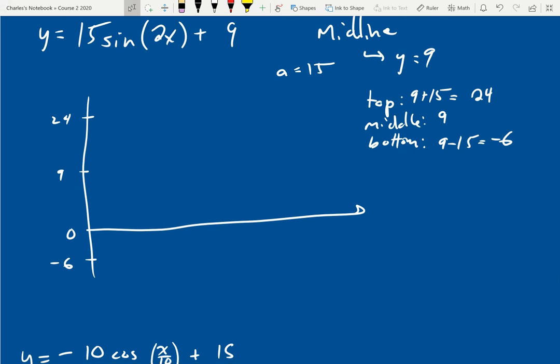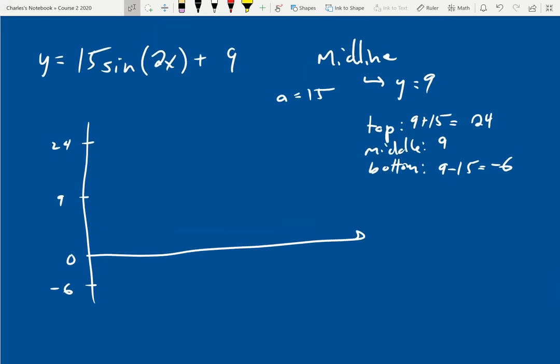It's a sine, which means it's going to start in the middle. Its b value is 2, so its period is pi. And so let's say this is pi. That's going to be back here. This is pi over 2.